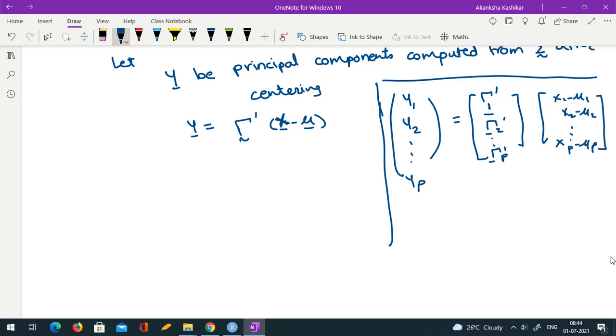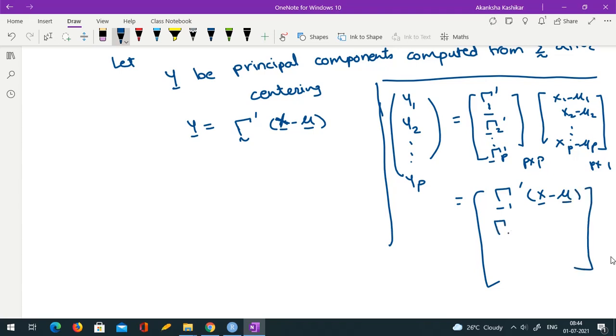Right now in this form they are not compatible, because gamma 1 prime itself is 1 cross p, so the entire thing is p cross p, and this is p cross 1. So actually my first entry is going to be gamma 1 prime into the entire vector x minus mu. Second entry would be gamma 2 prime into x minus mu.